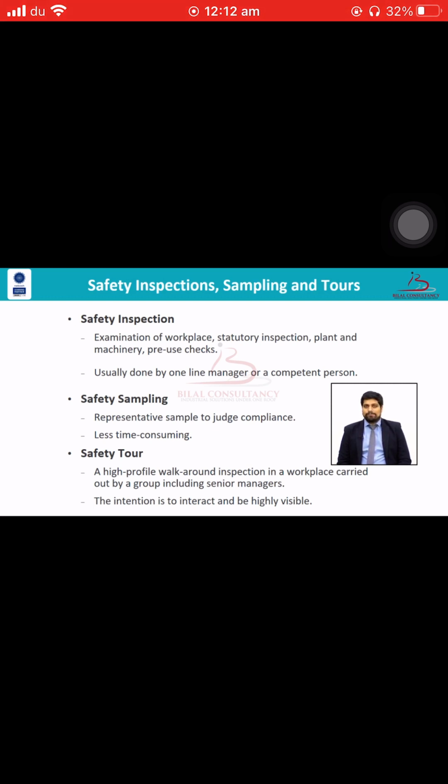Sampling helps very much, as it doesn't consume that much time, because going through the inspection of each and every equipment out of the 100 would be time consuming. So safety sampling helps us do the inspection efficiently, consuming less time.